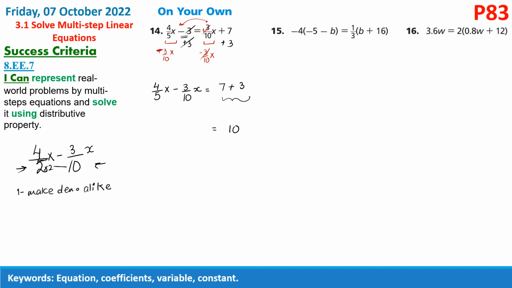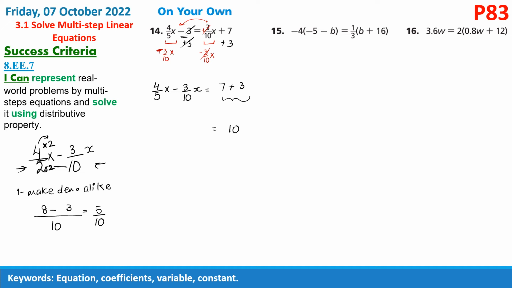So, if I am multiplying here by 2, I will multiply here also by 2. Then, I write my denominator only one time. Now, multiply 4 times 2 is 8 minus only 3. 8 minus 3 is 5 and here 10.